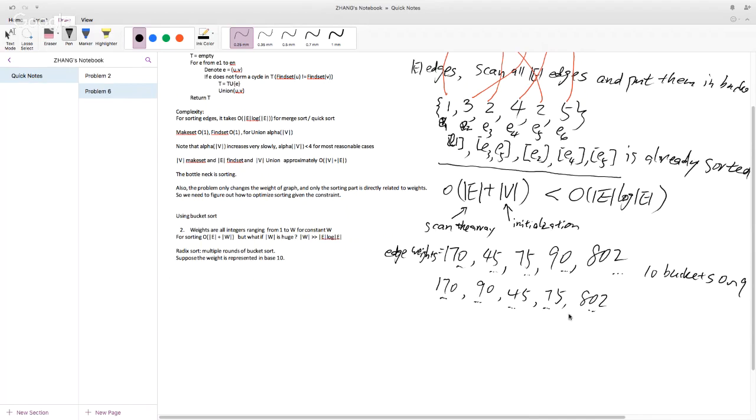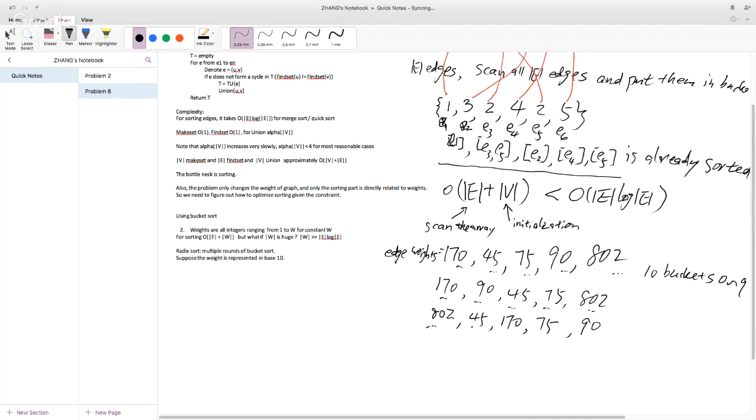So 0 is the smallest, so 820. Next is 4, 45. Next is 7. So let's keep the original order if there's a tie. And what's next? 90. Let's consider the most significant digits.